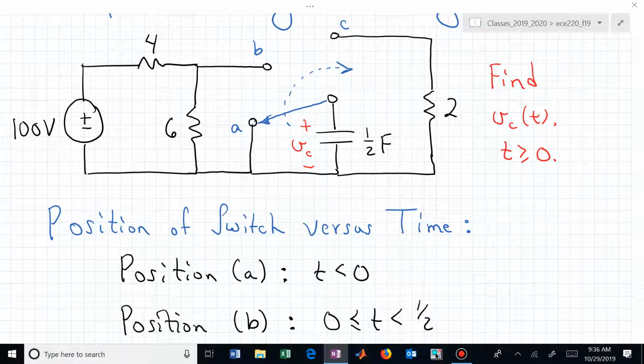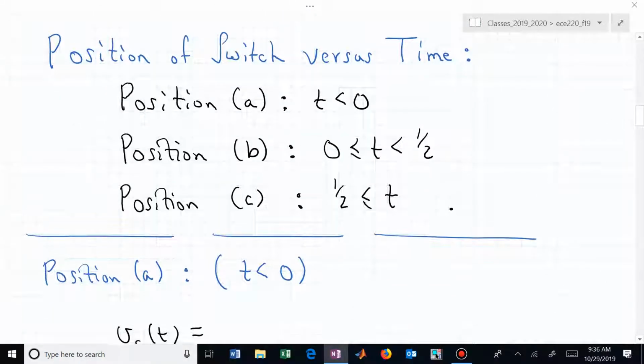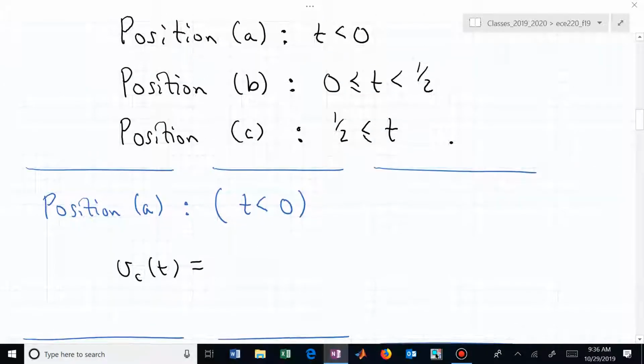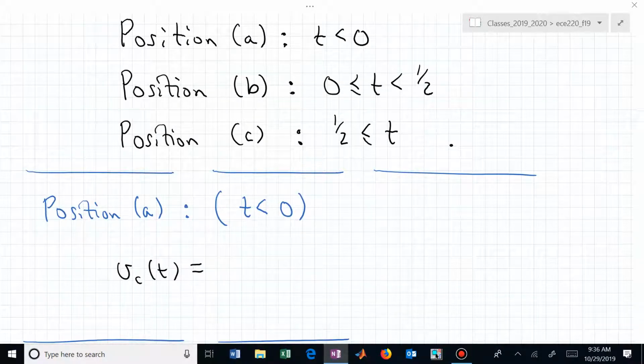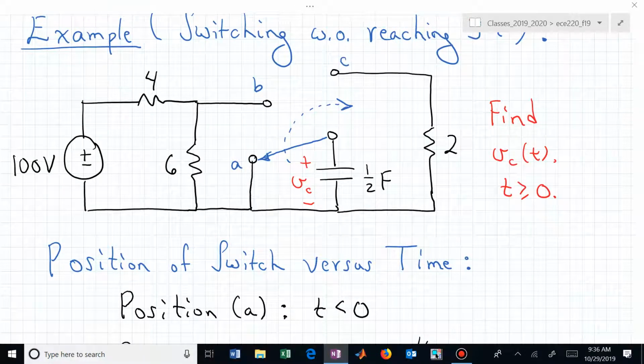Now I'm hoping you have that circuit digested, and we want to now determine what this capacitor voltage is from minus infinity up to 0. What does this capacitor voltage look like with the switch in position A?